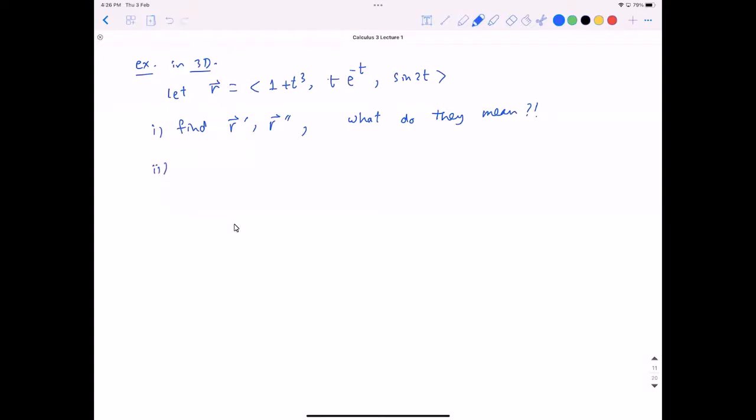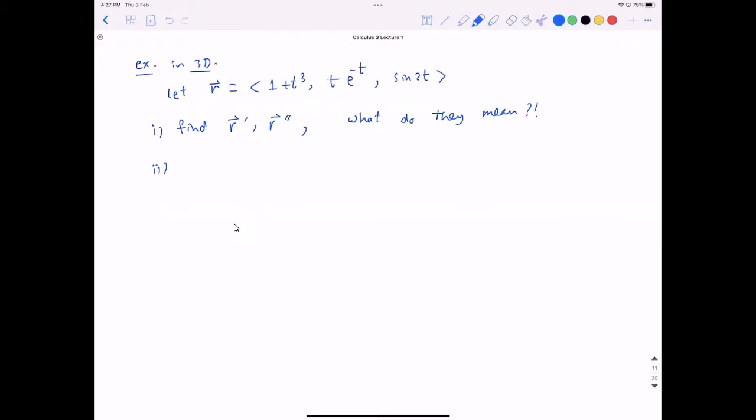The slope of the tangent if we are in 2 dimensions, or the tangent vector if we are in 3 dimensions. What we say in 3D applies to 2D, but what we say in 2D does not necessarily apply in 3D because we have more dimensions. And we don't have the concept of slope in 3D. We have the tangent vector concept.